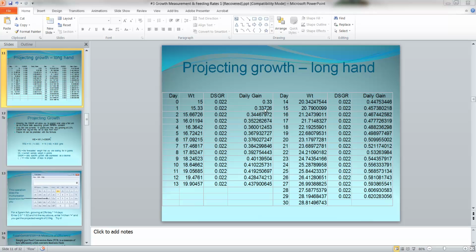You take the 0.34, bring it out over here, add it to the previous day's amount, and here's our new starting weight for the next day, and on and on. You could see how, if you were a professional scribe in the 1600s, this is the way you would do it. Not necessary today, even with just using our scientific calculator. So I'm going to show you how that works.